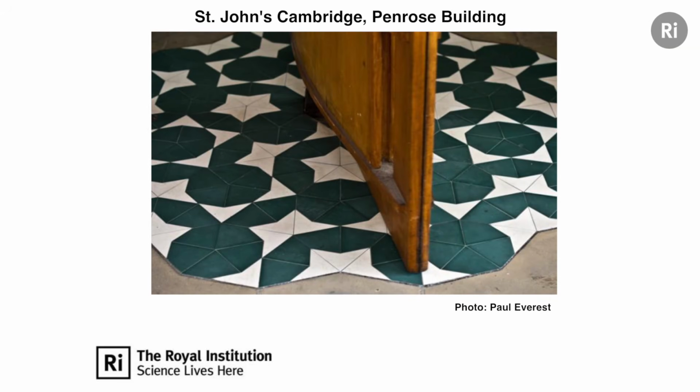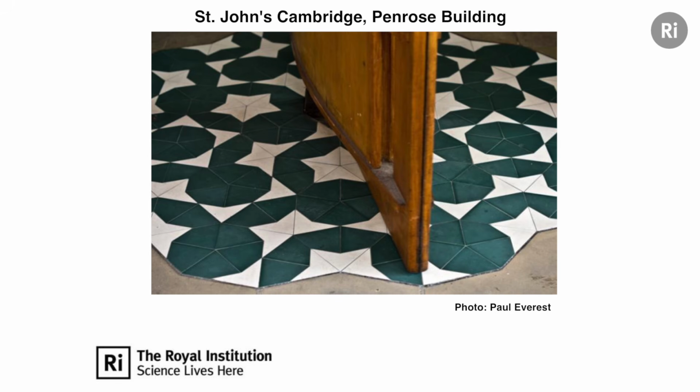Now this is the kites and darts. This is in my old college, St John's College in Cambridge. And I think Peter Goddard, who was the master at the time, liked the pun of the idea, because this is the entrance to the Penrose building. It's nothing to do with any member of my family, as far as I know, but it happens to be somebody called Penrose who designed it.